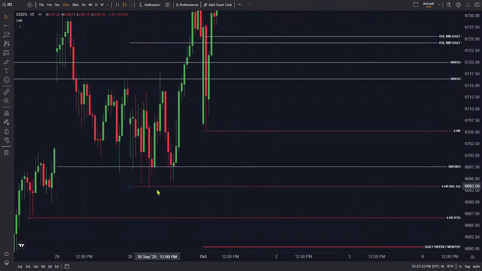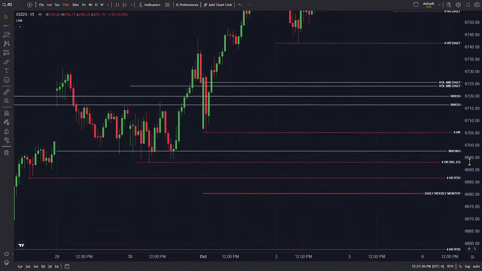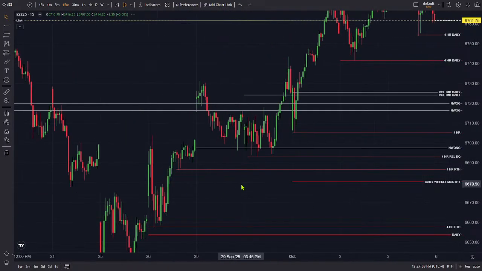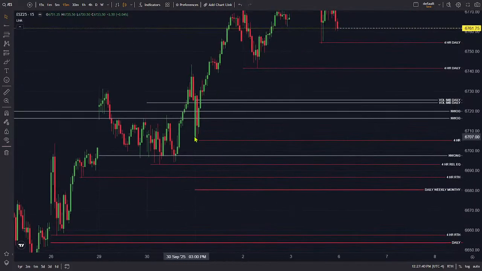That's what created these relative equal lows on the 4 hour. I can see on this one I got that line just a little bit off, so I'll move it. But we definitely worked into that NWOG, the no gap. So those are important levels to keep in mind on the way down. So the NWOG is at 6698.